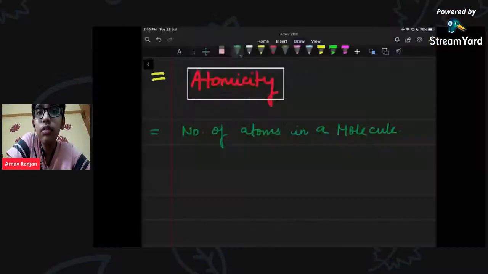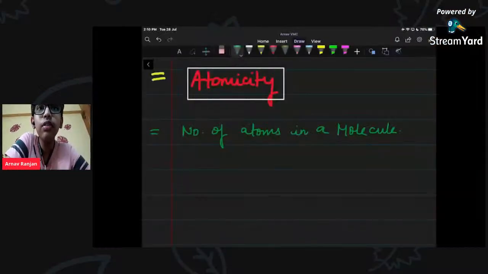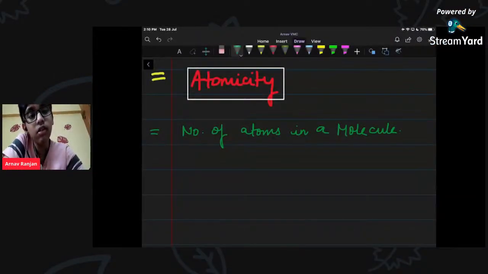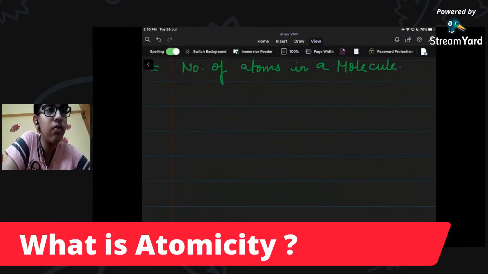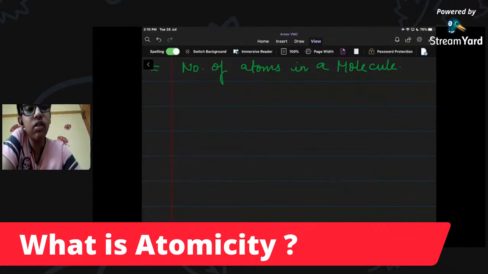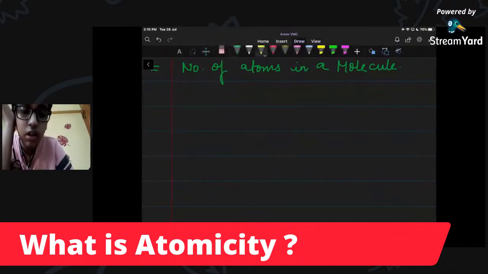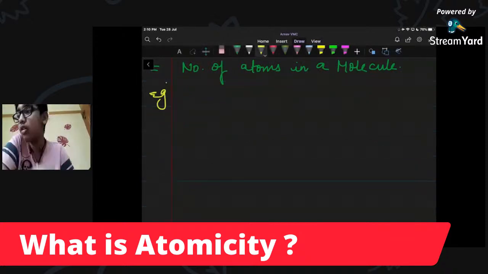So atomicity, suppose I will give you an example. Example.